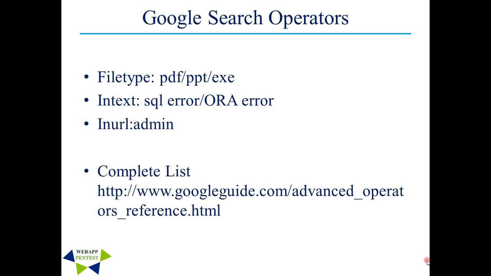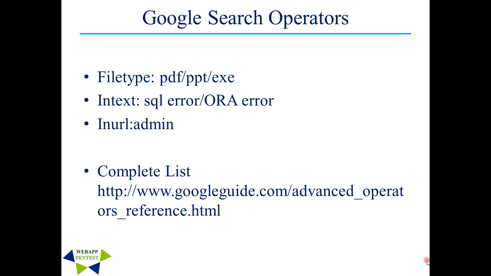These are a few other search operators. The first one is filetype. If you type filetype:pdf followed by the website name, then you can search for PDF files on that particular website. If you type ppt, you can search for PowerPoint presentations on a particular website. The next one is intext.